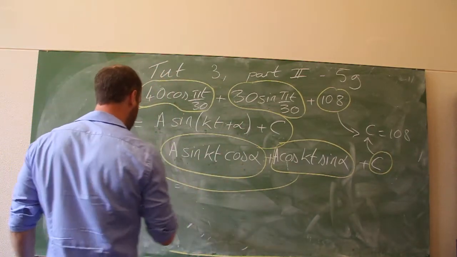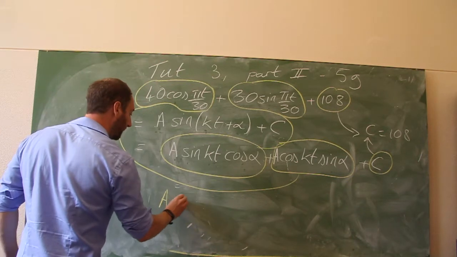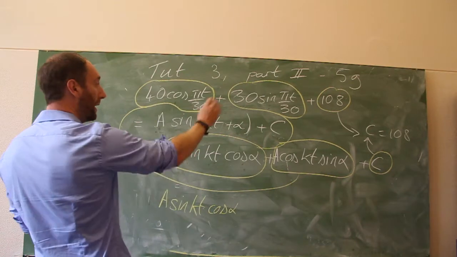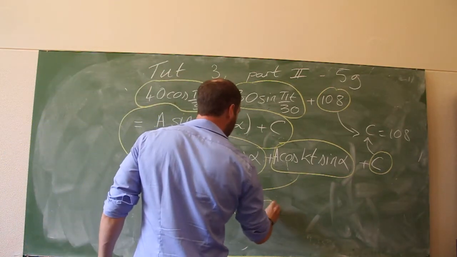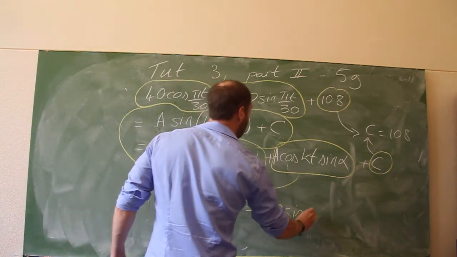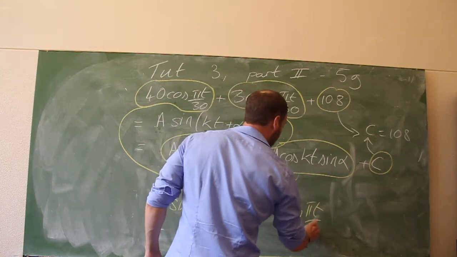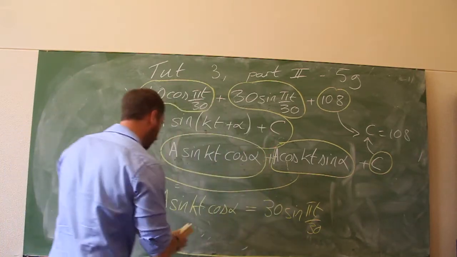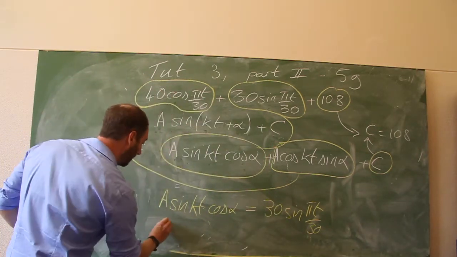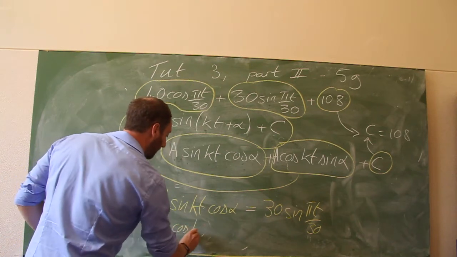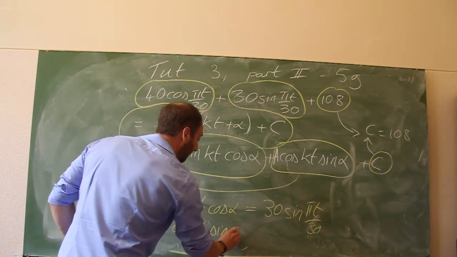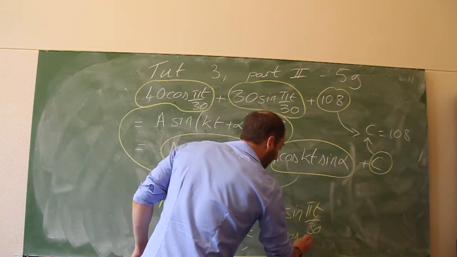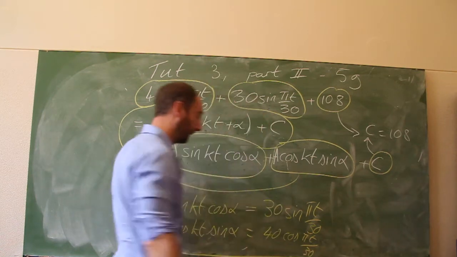Now let's equate this with this, and this with this, and see what happens. We want a sin(kt) cos α to be equal to 30 sin(πt/30). And we also want a cos(kt) sin α to be 40 cos(πt/30).